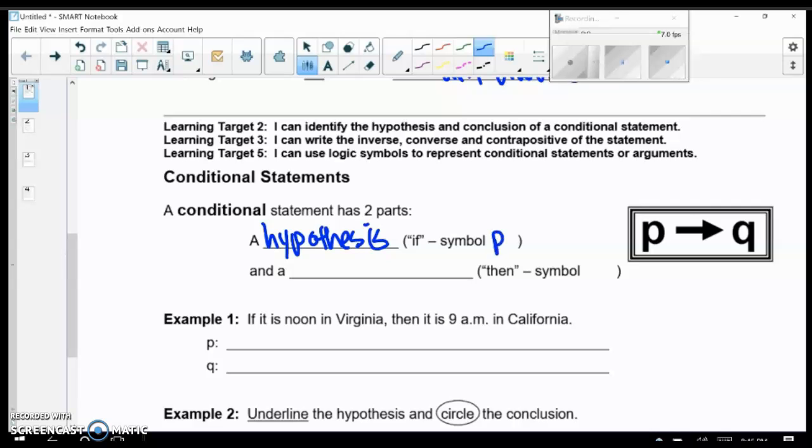It has a hypothesis, which is an if, and it also has a conclusion, which is the then part. If hypothesis, then conclusion. And we would do that with a symbol P and a symbol Q respectively. And that little arrow over there shows the directionality. It shows that we're doing if P, then Q.